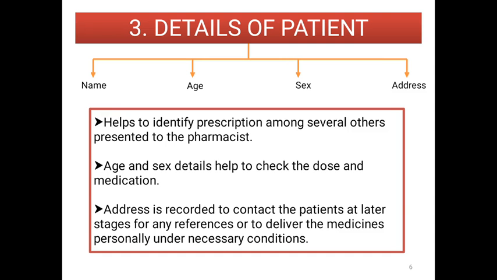Then next one is the details of patient. All the details of patient such as name, age, sex and address should be legibly and correctly written in the prescription so that the pharmacist can identify the prescription among several others. And then age and sex of the patient help to check dose and medication.